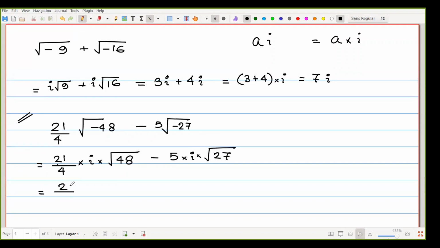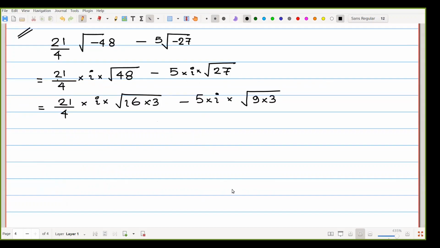So here 21 divided by 4 into i into 16 into 3 is equal to 48, minus 5 into i into 27. That means it can be written as 9 into 3.